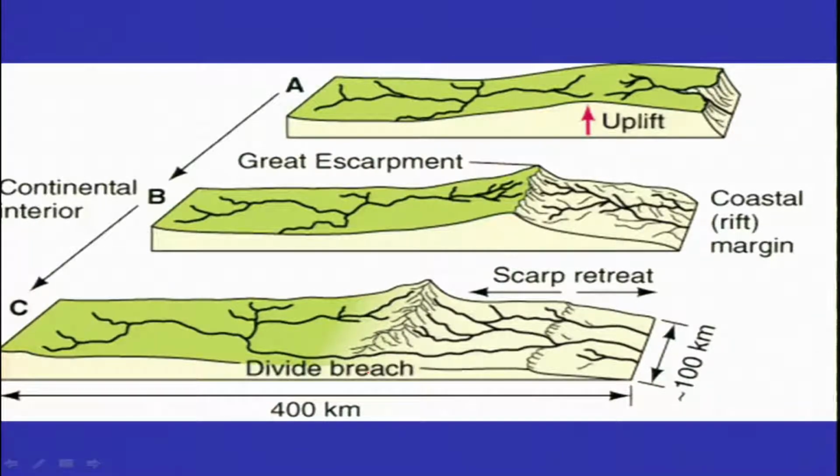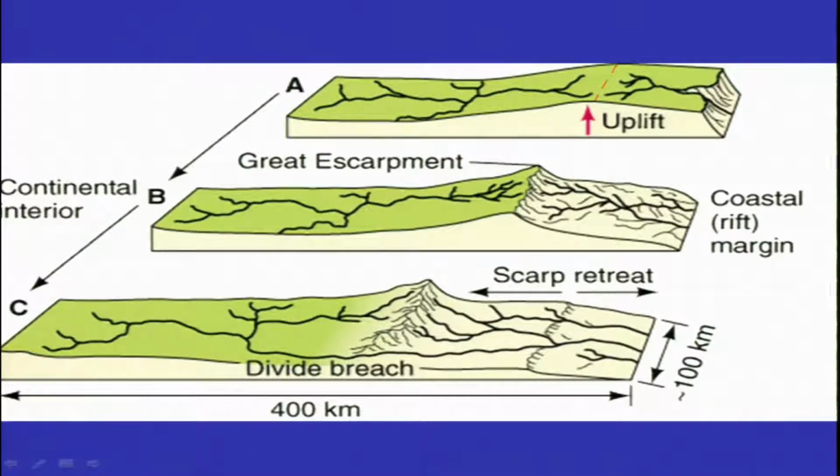So, if you see this example here, what it shows is that, for example, this area is uplifted. So you are having the drainage divide over here. This stream is flowing in this direction, another stream is flowing in this direction.